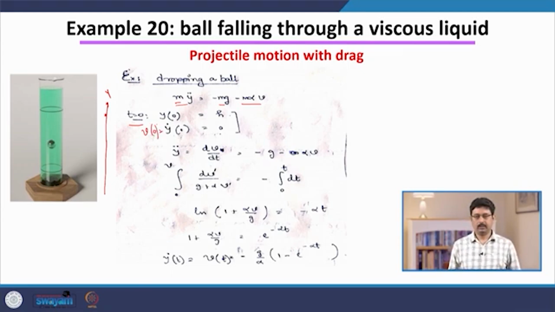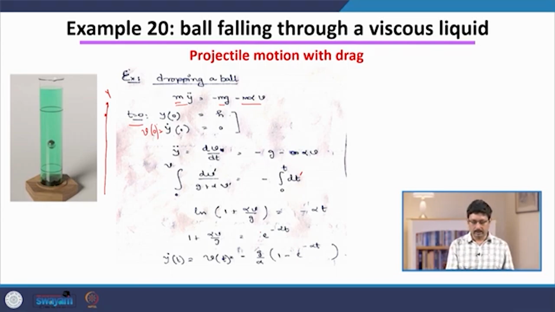Now, this equation is easy to solve, and in fact, this is a differential equation that all of you know how to solve. For example, you can write y double dot as the first derivative of velocity and express everything in terms of velocity, and then you have a separation of variables, and then you can integrate. You are integrating time from t equal to 0 to some time t, and on the other side, at t equal to 0 the velocity was 0, at some time t later the velocity is v.